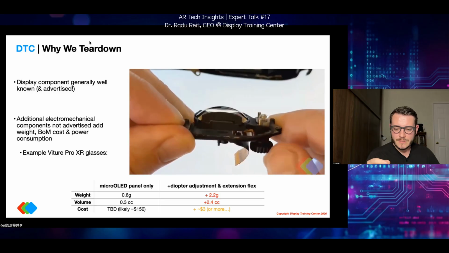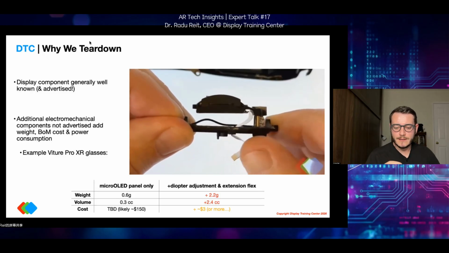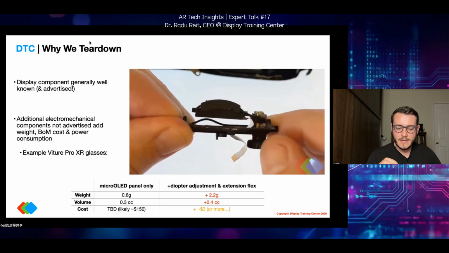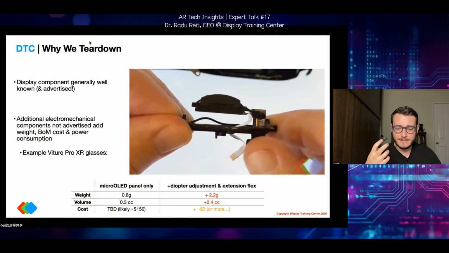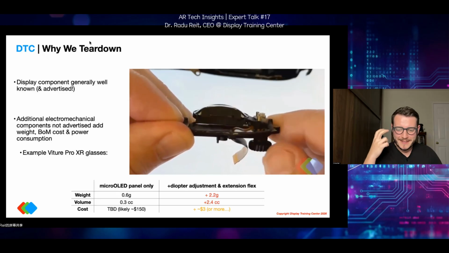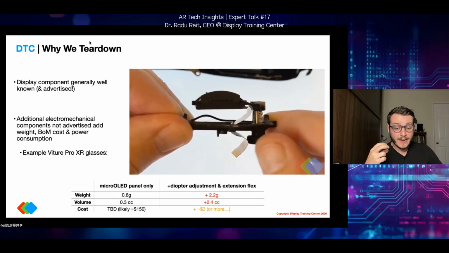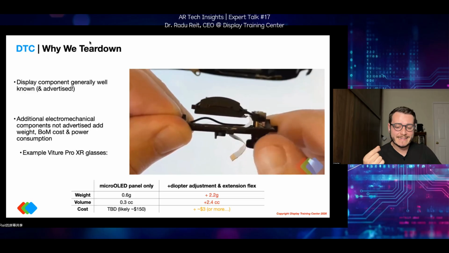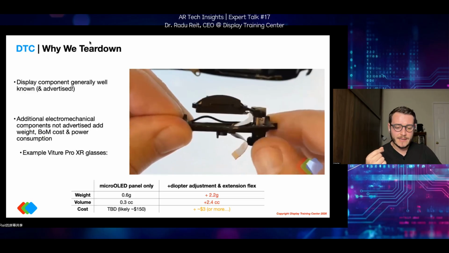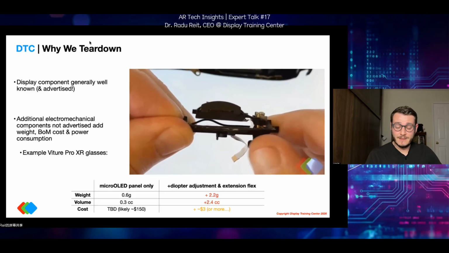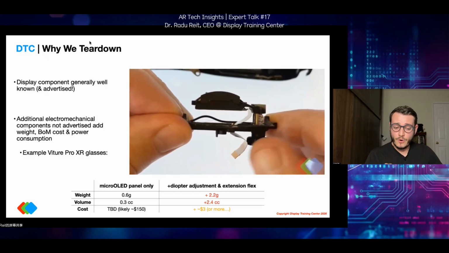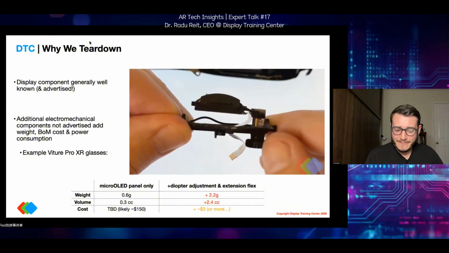because of certain design choices, in this case, Viture's diopter adjustment mechanism, not only have we had a very interesting adjustment mechanism added to our device, we've actually had significant weight added to the unit. If you take a look and do the measurements yourself, you can see the micro OLED panel is about 0.5 gram.